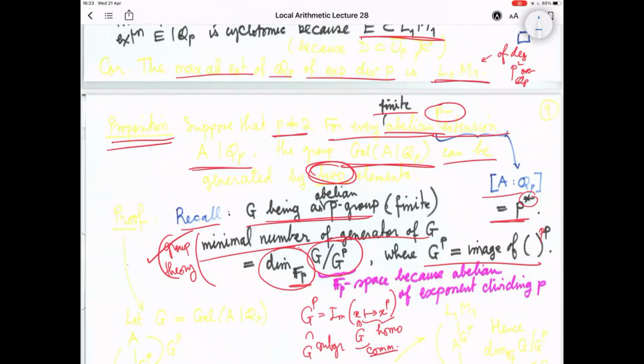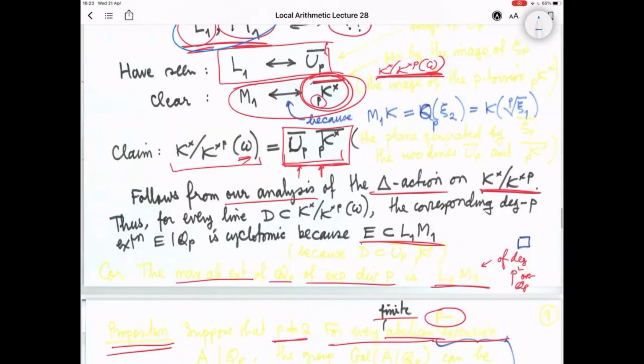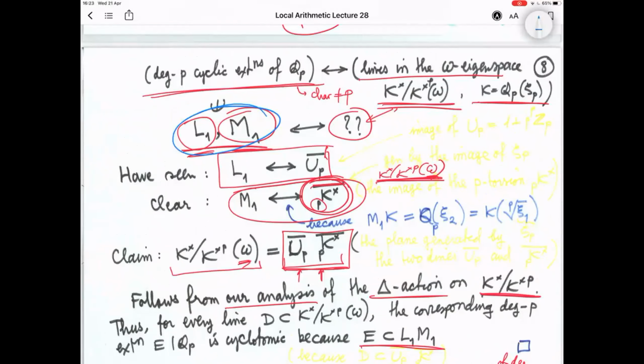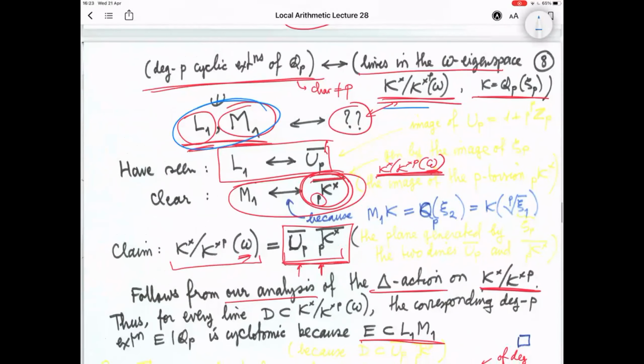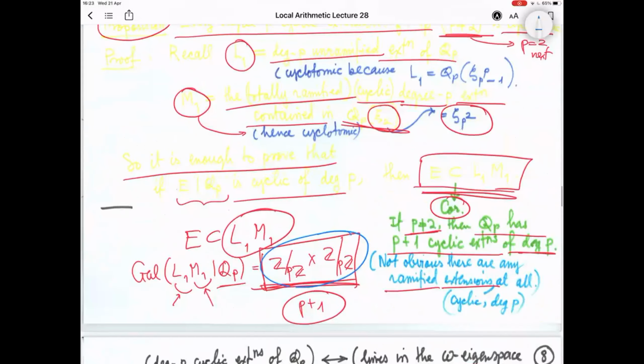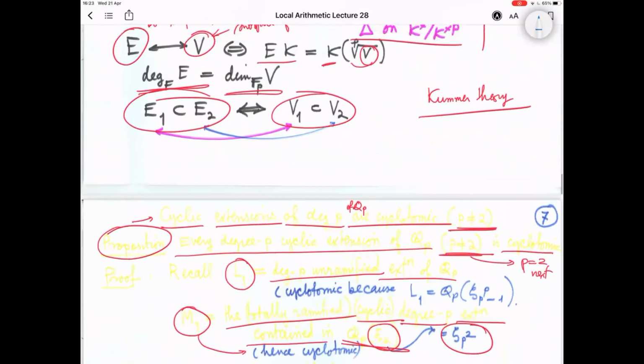It uses the structure of the underlying things. And it uses many of the things which we had covered earlier, like this omega eigenspace and how lines in this omega eigenspace correspond to cyclic extensions and so on.